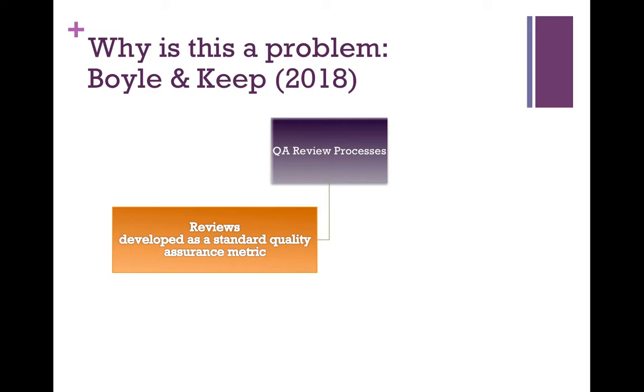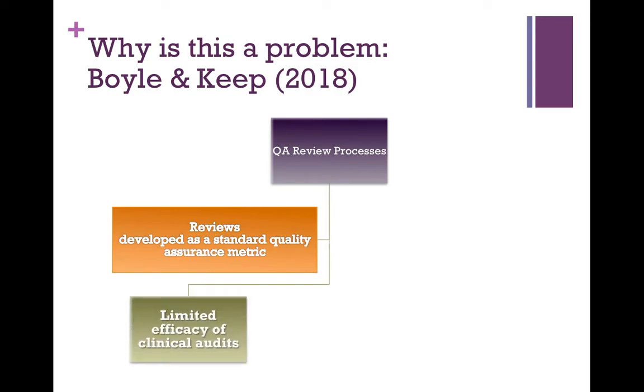However, overall, the Royal College of Medicine and Boyle and Keeps summarized that the QA model is neither effective nor efficient at preventing adverse outcomes, especially when juxtaposed with modern quality improvement programs. Furthermore, it is an inefficient use of resources, as quality assurance departments tend to use a lot of money, manpower, and effort in performing their task.